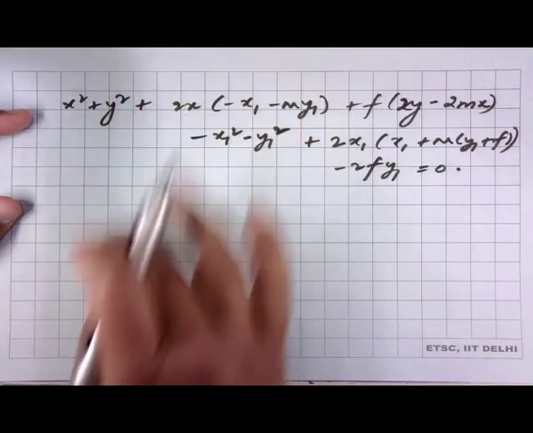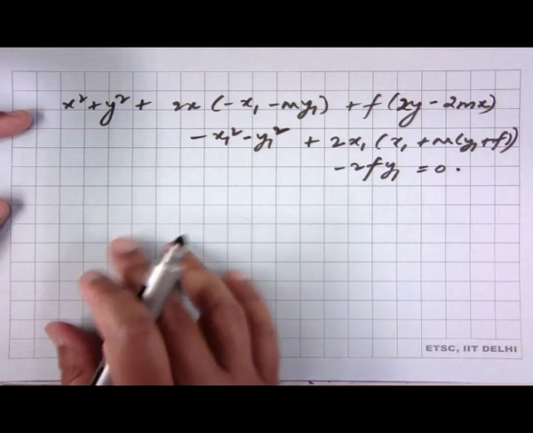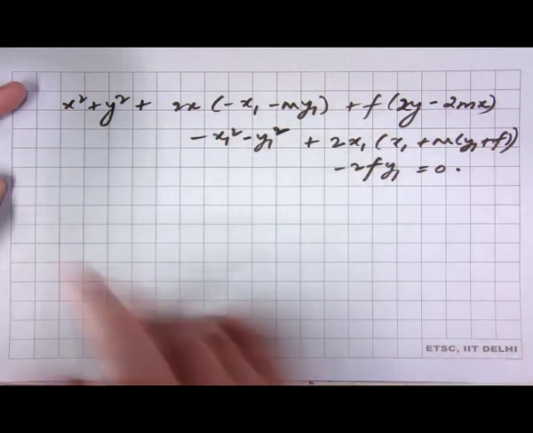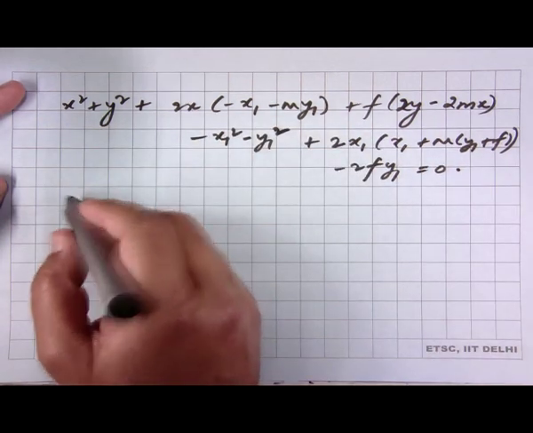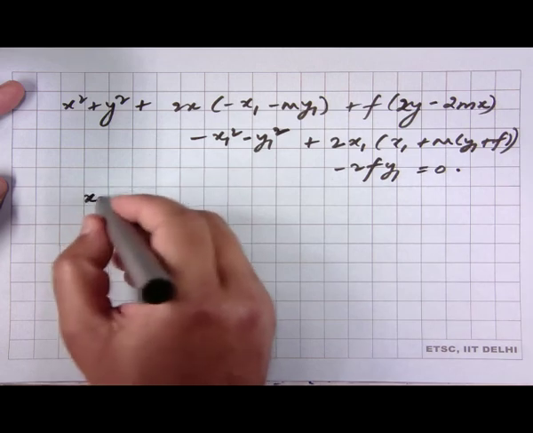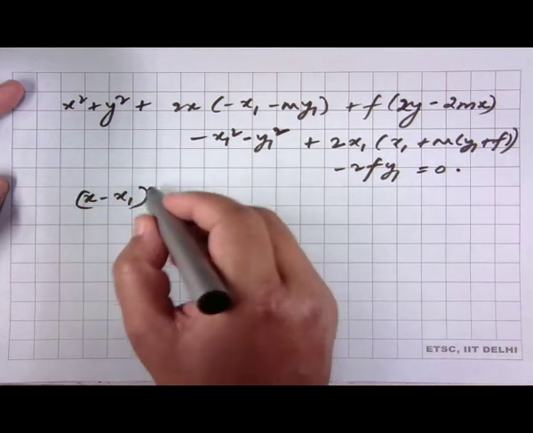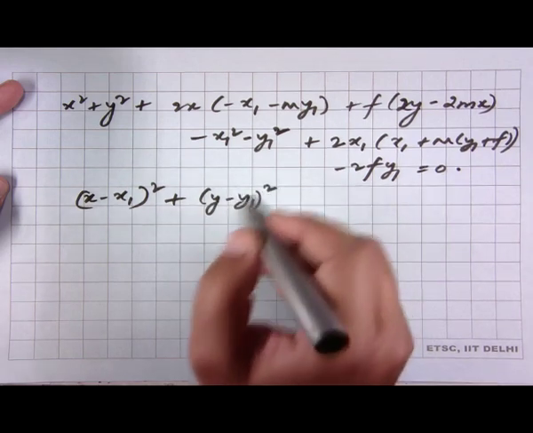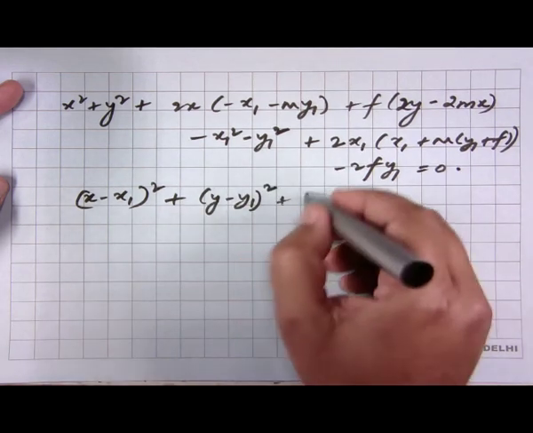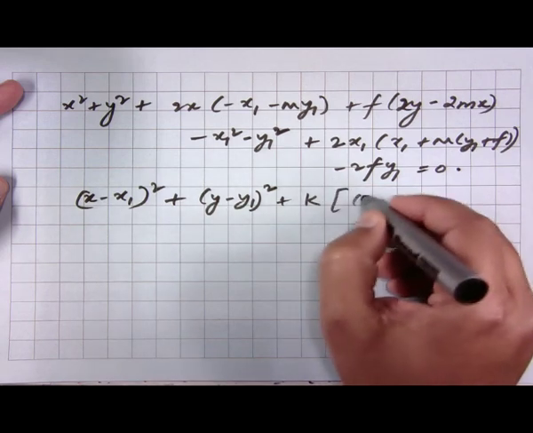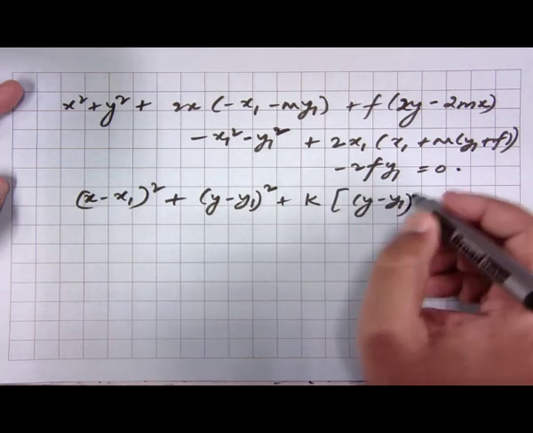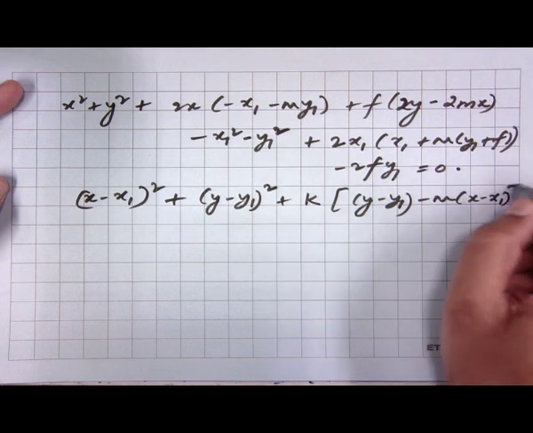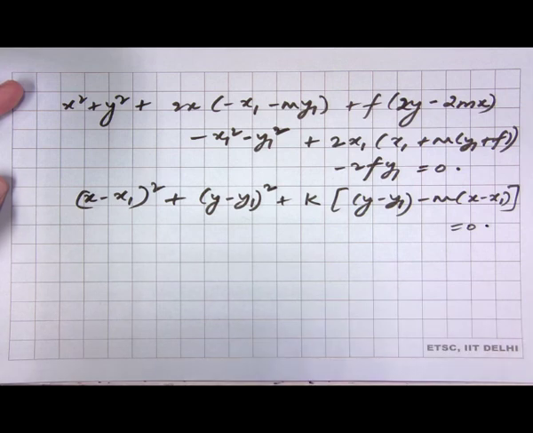This can be further simplified, and I leave that as an exercise. So, this entire equation can be rewritten as x minus x1 whole square plus y minus y1 whole square plus k into y minus y1 minus m times x minus x1 equals 0.